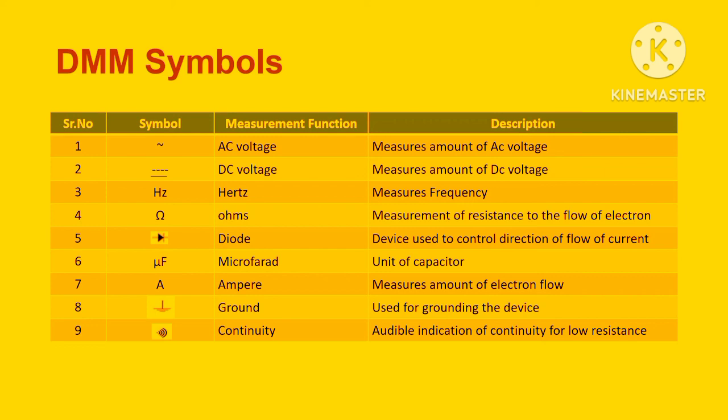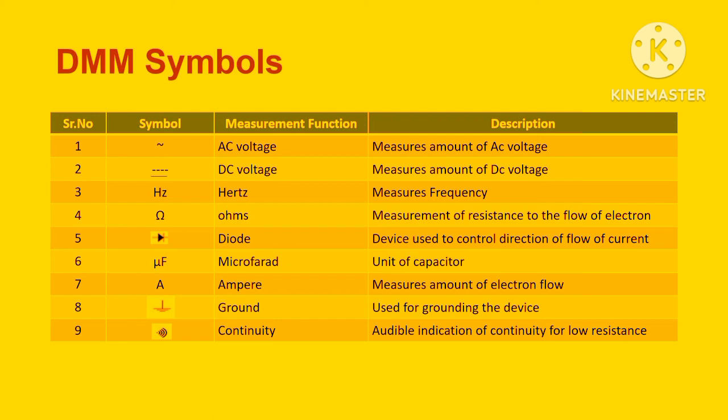Now the third symbol, hertz. Hertz means it measures the frequency. As we know, hertz is the unit of frequency. Now the fourth symbol, ohms, means it measures the values of resistance. Then the fifth symbol indicates diode. This device is used to control the direction of flow of current.